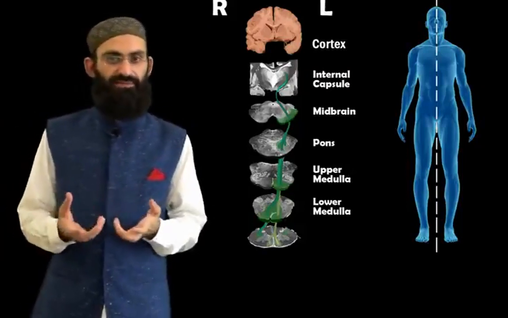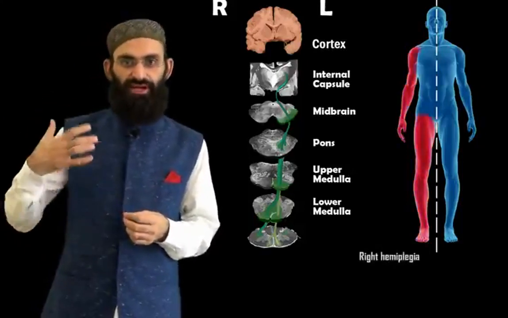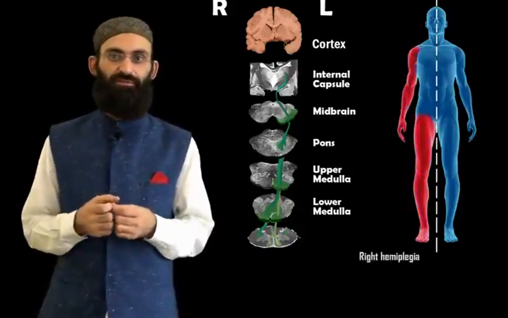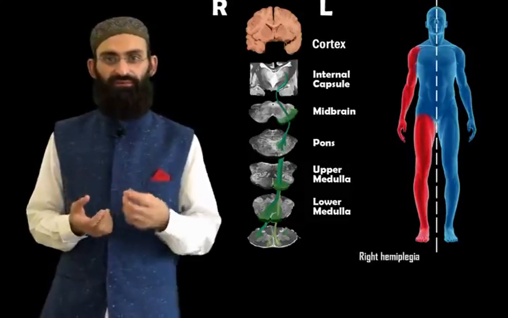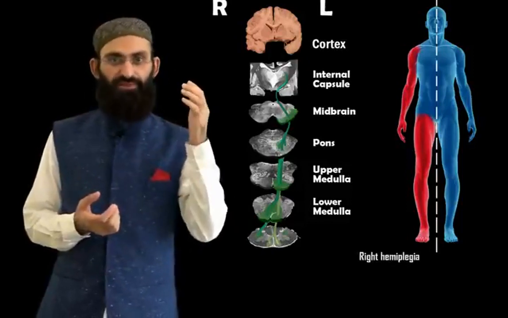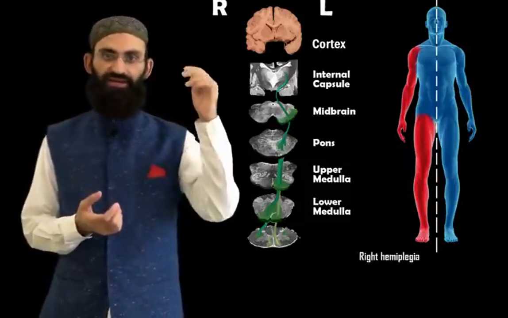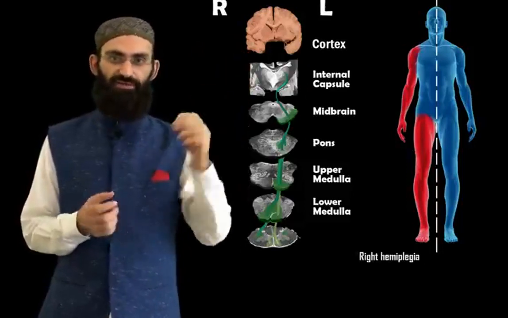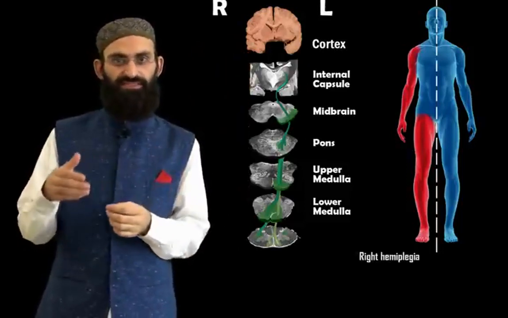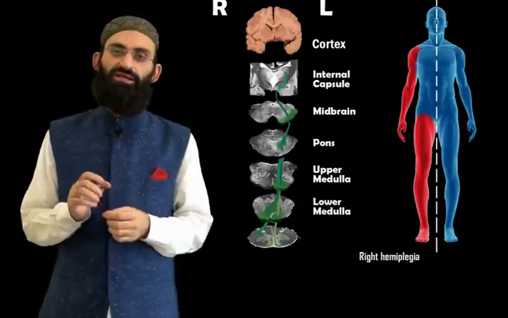So let us take an example in which a person has right-sided hemiplegia, and lesion can be at the level of left brainstem, left internal capsule or left cerebral cortex, and we will discuss these one by one.